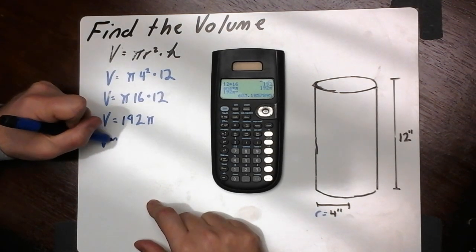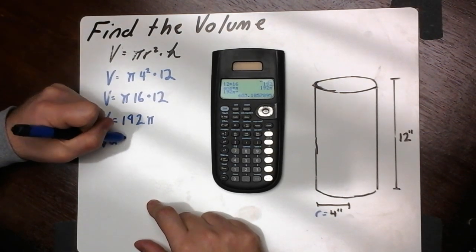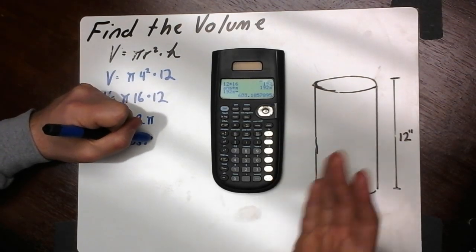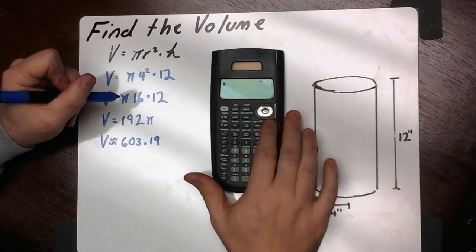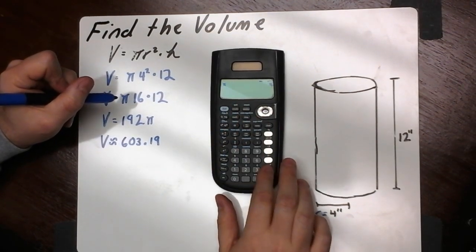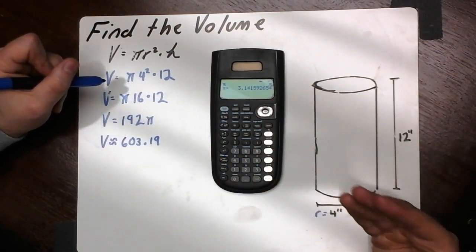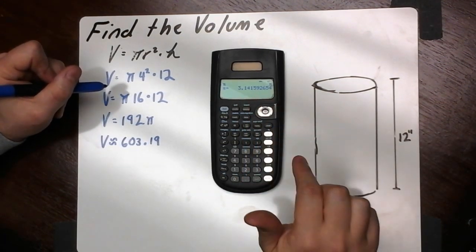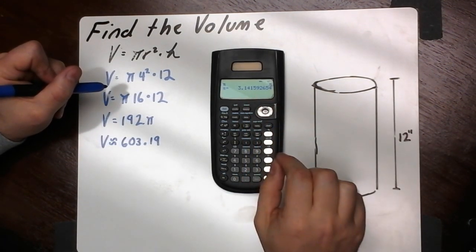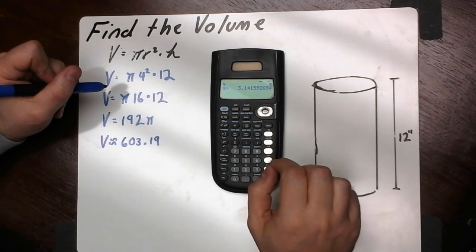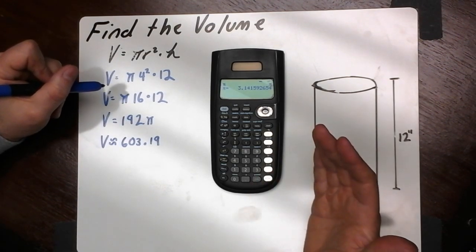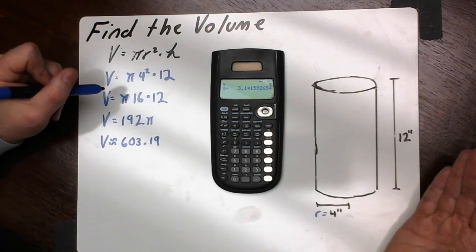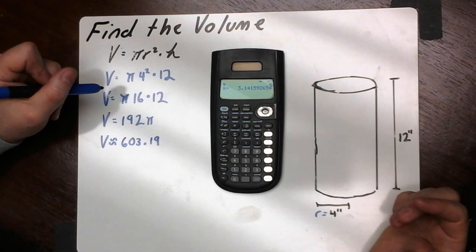If I wanted to multiply by pi and convert it to a decimal, I could do that. But let's talk about this 3.14 business. 3.14 is not pi. Pi is an infinitely long, endless irrational number. If you say 3.14, you're just picking a number for pi.